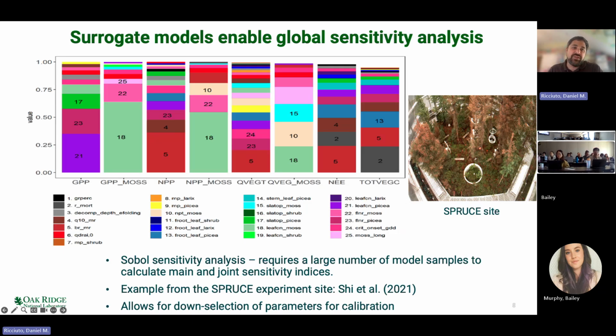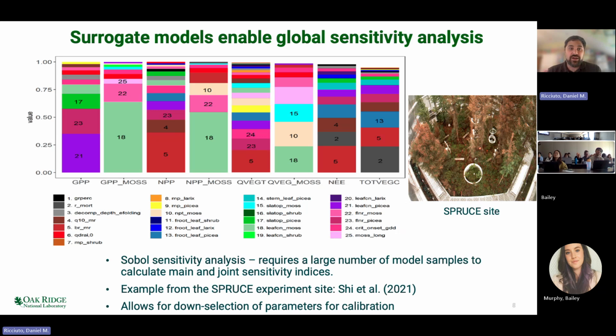But we can repeat these for different problems, and we tend to see sometimes the same parameters coming out, but sometimes very different depending on the temporal scale of the output, and where the site is. These sensitivities can vary quite a bit.